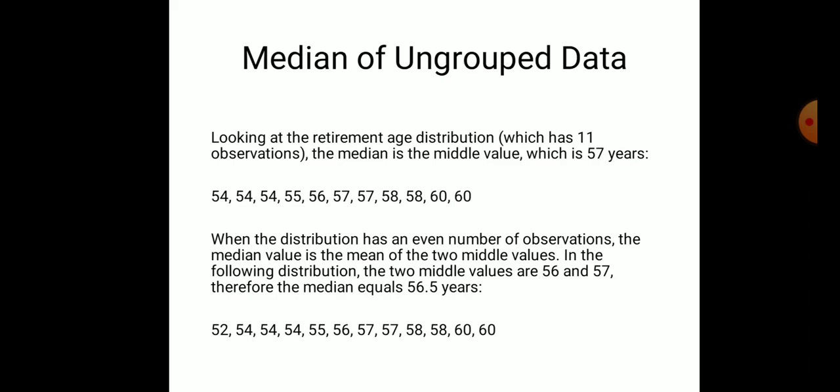When the distribution has an even number of observations, the median value is the mean of the two middle values. So, in the following distribution, the two middle values are 56 and 57. Therefore, the median equals 56.5 years.